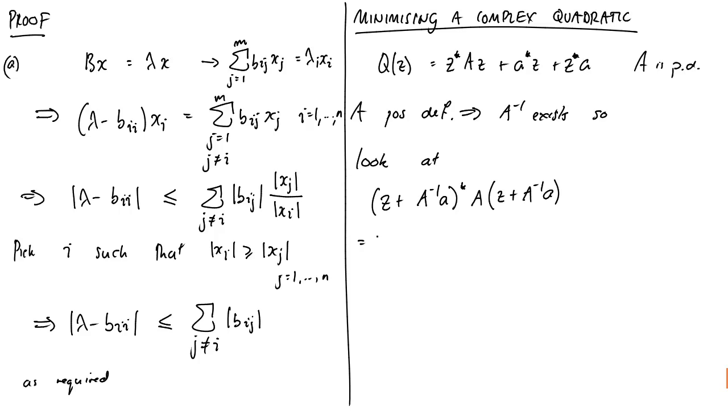Expand this thing out, we get z star A z plus a star z plus z star a plus a star A inverse a. Now this is just vector star times positive definite matrix times vector, which is greater than 0.